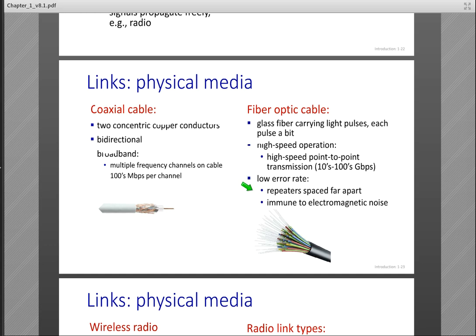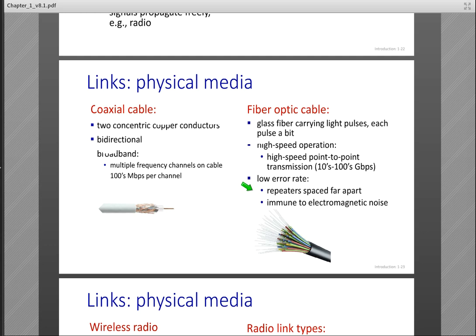And fiber optic cables have a low error rate. Low error rate means that maybe only a few bits are corrupted during the transmission.